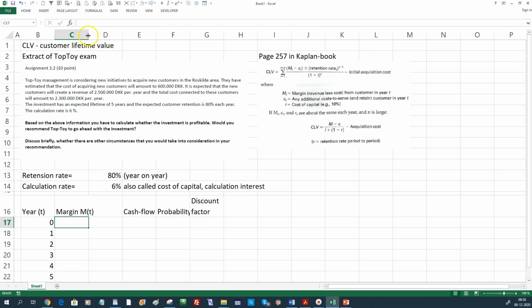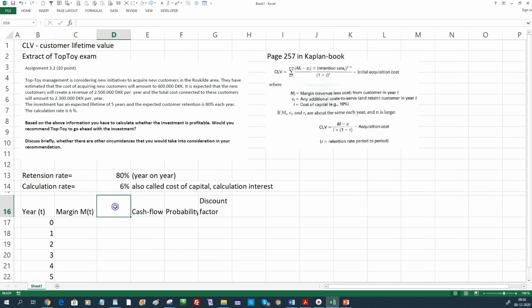I will just make this a little wider. And then cost, any additional cost. So for instance, the cost up here could be the cost of goods, and this could be some additional marketing expenses and other things. But sometimes you also just get a total result of the M minus C. Then you have the net margin, you might call it.